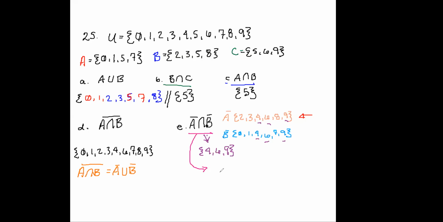And then over here, what would De Morgan's property say about this? It's equal to the complement of the intersection of A and B. The intersection or the union?